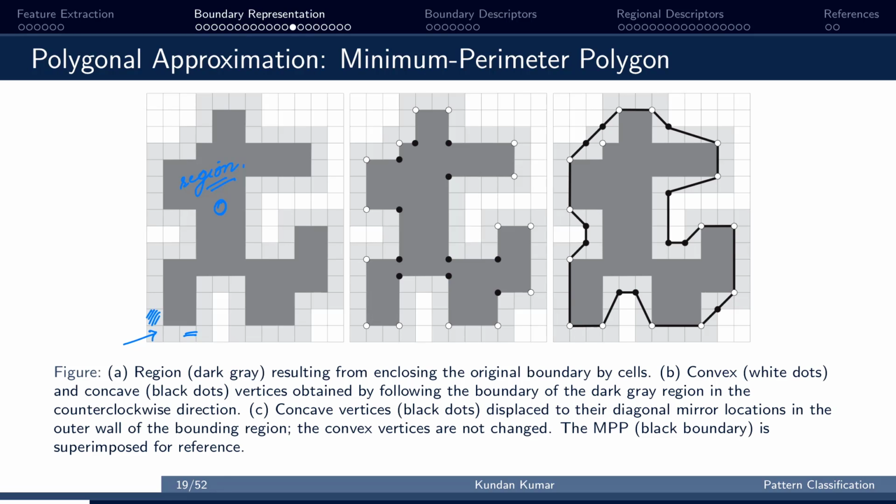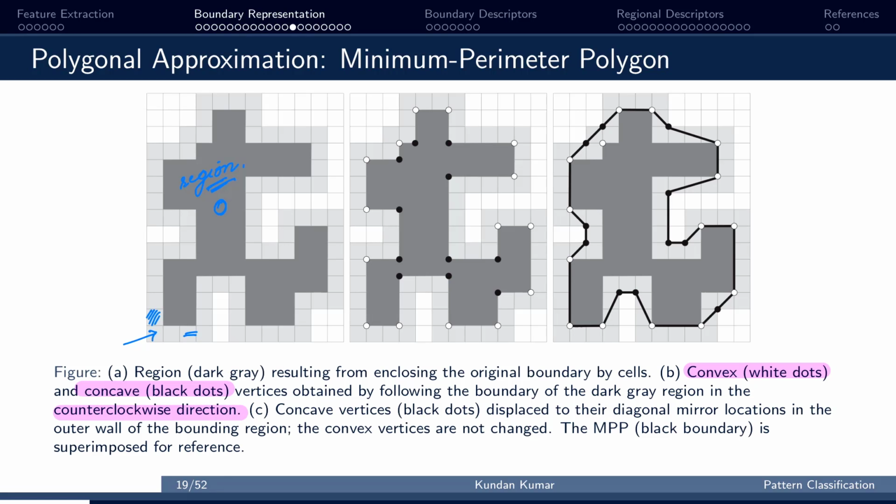So what we do, we first scan the corner points of the region, and we denote the convex points with white dots and the concave points with black dots, in the counterclockwise direction.